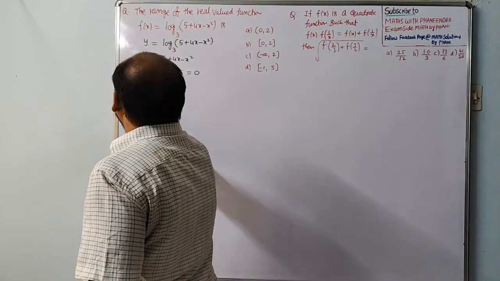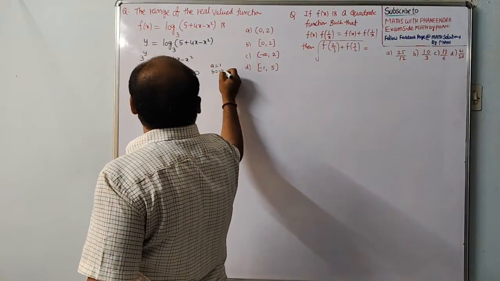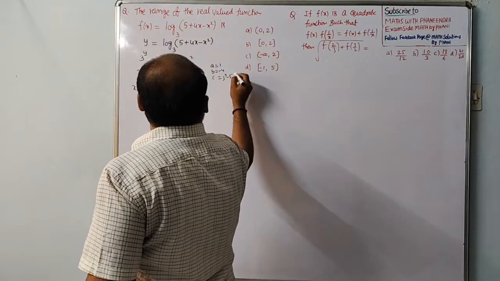So x is equal to minus b plus or minus root. Here a value is 1, b value is minus 4, c value is 3 power y minus 5.